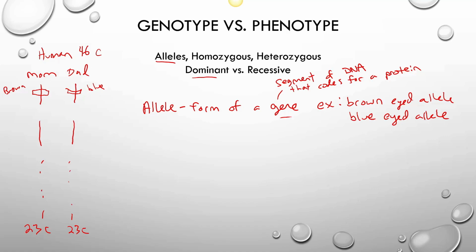And when we want to depict what an allele is so that we can keep track of this in genetics and heredity, we give it a one letter. So since we have brown and blue, and they both start with B, we'll give it the letter B. So B, as a capital B, is going to be the dominant allele.